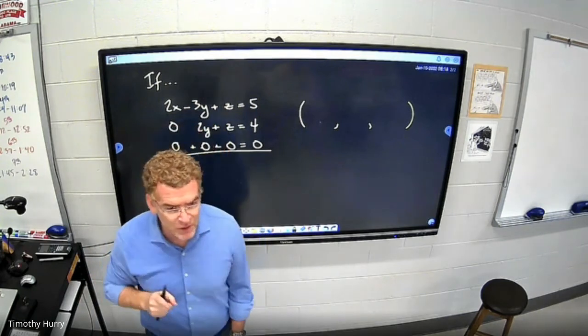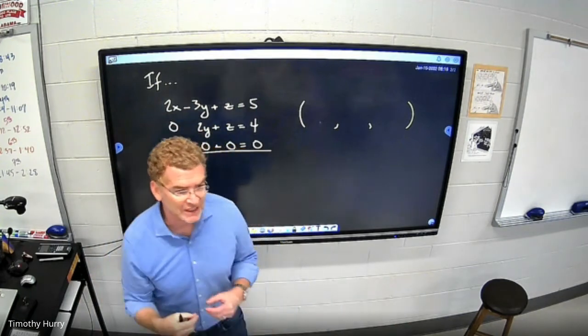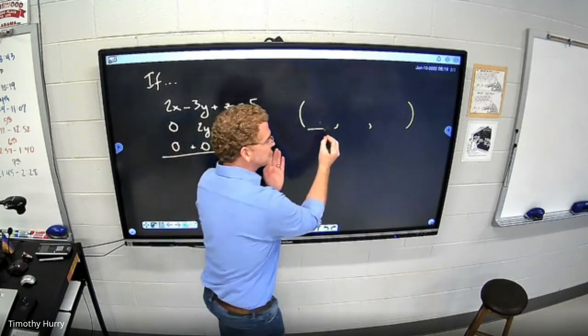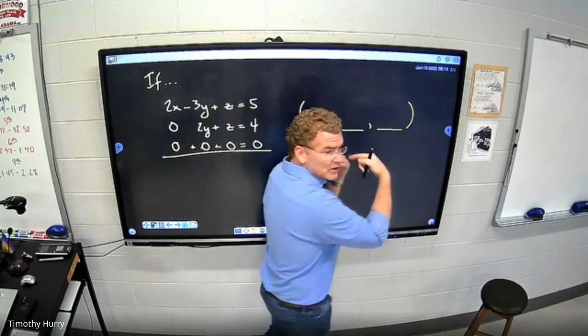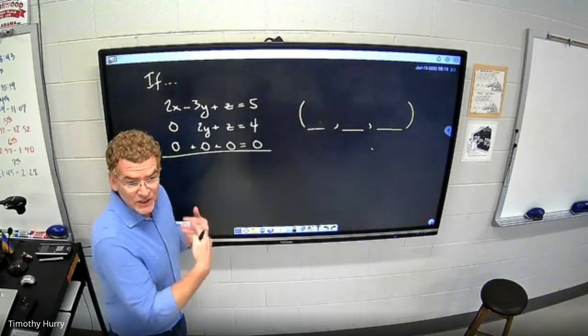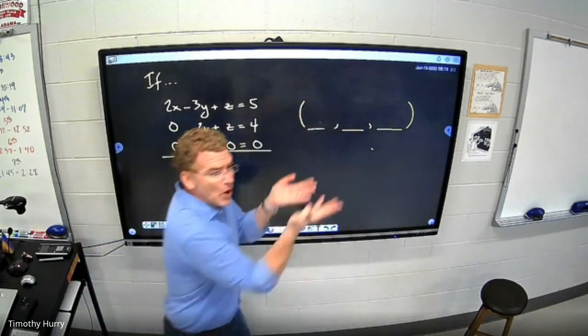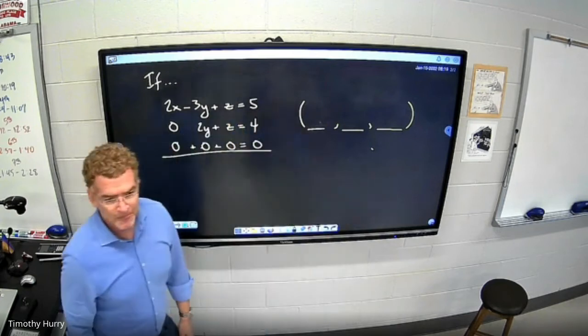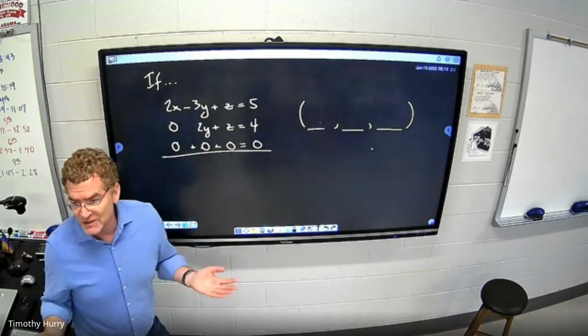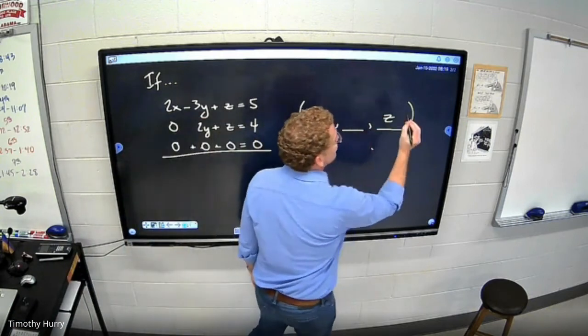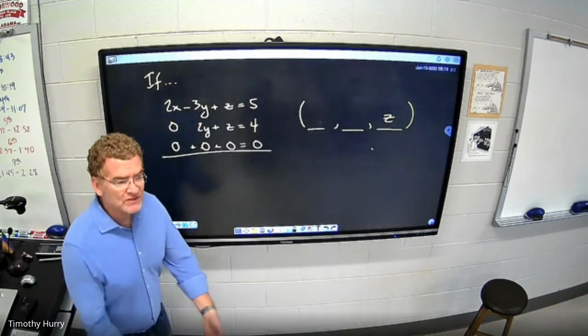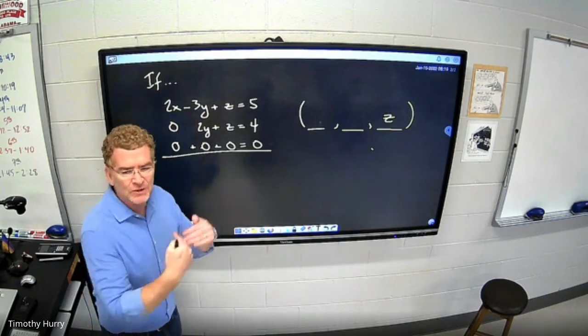If I want to move through space, I've got to have something that describes X, something that describes Y, and something that describes the Z locations. So I'm going to have a little formula that describes all the points that move through space. I start with, well, whatever Z is, I'm just going to call it Z, and then describe the Y and the X in terms of Z.